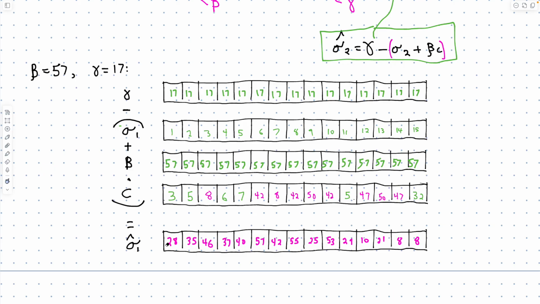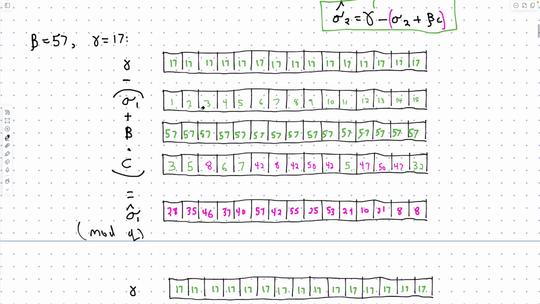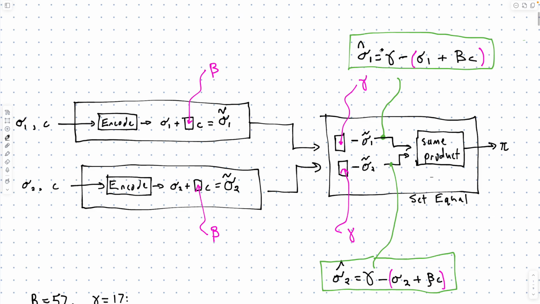If you worked it out, that would give you 28 mod Q. So remember, we're always working mod Q. Similarly here, 17 minus 2 plus 57 times 5 gives you 35, and then likewise you can work through it. So constructing this value is easy.